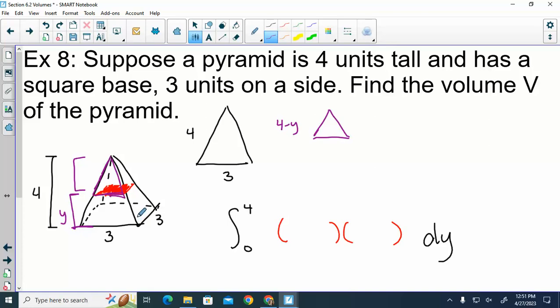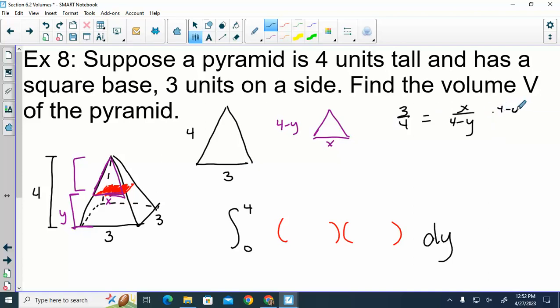Okay. And do we know what this length would be? So let's call that x for a moment. Can't we use similar triangles here? So we could say 3 over 4 equals x over 4 minus y. X is the length of the side we need, so we have to get that by itself.